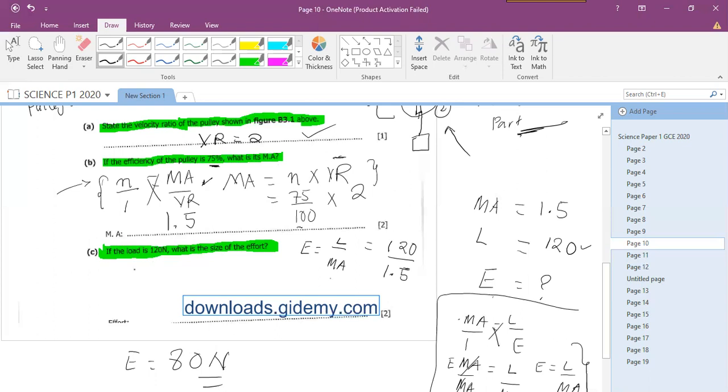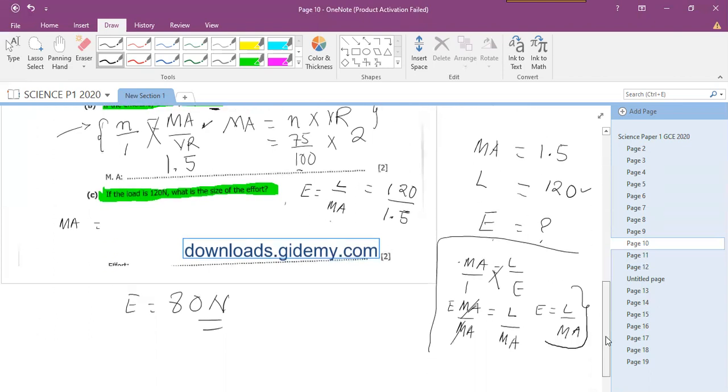Then the question says, question C, if the load is 120 newtons, what is the size of the effort? We have a relationship here which says mechanical advantage is load over effort.